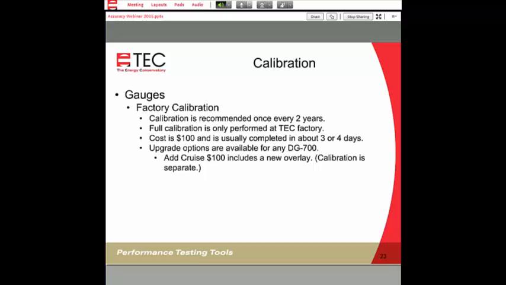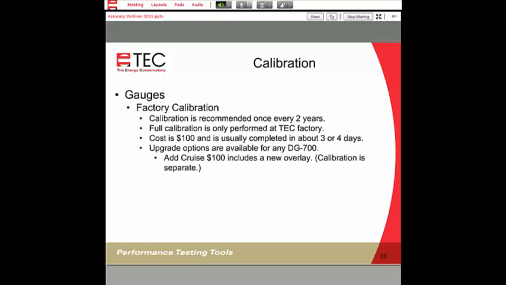Now, in all of our testing that we've done, and we've checked the calibration of literally tens of thousands of gauges over time, what we have found with our DG700 product and 500 product is that when you get to that 30-month or 2.5-year period, we start to see a few gauges that start to exceed the 1%.